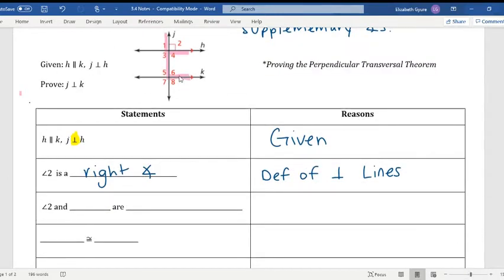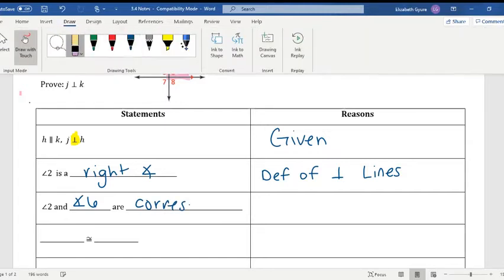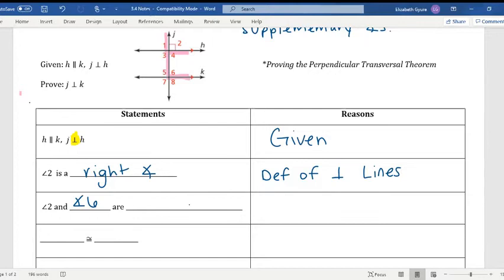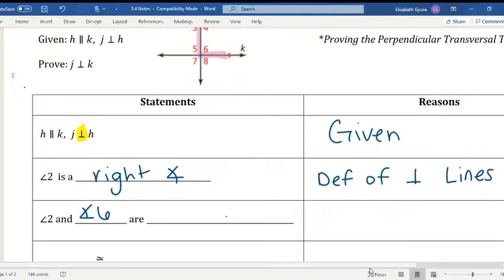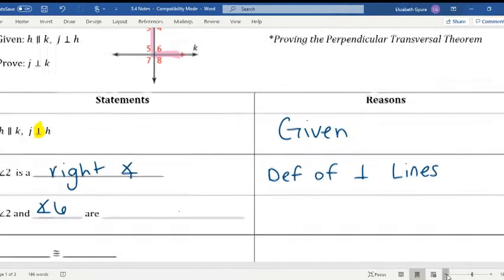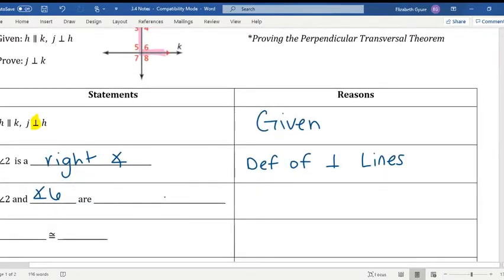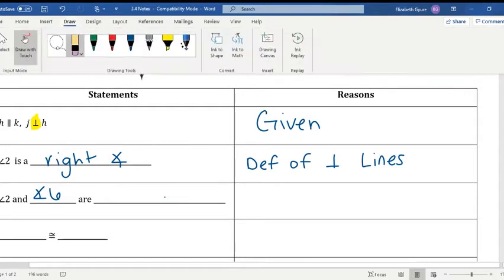Andrew told us that 2 and 6 were corresponding angles, so that's what we'll go with. Angle 2 and angle 6 are corresponding. Ooh, my handwriting is getting very poor. I have to zoom in. I'm zooming in. Just look at the picture on your diagram if you need it, because it just is so much easier to write on this if I'm zoomed in. So angle 2 and 6 are corresponding.